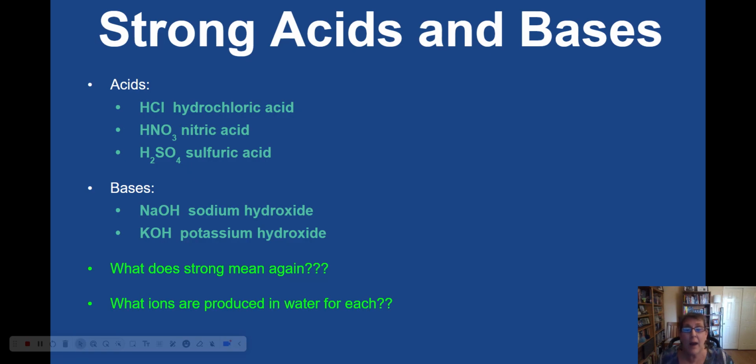It means it breaks apart into ions 100%. It all dissolves and ionizes in the water. What ions are produced in water for each of these again? What do acids produce? H plus, I hope you said H plus. What do bases produce? I hope you said OH minus, or hydroxide.